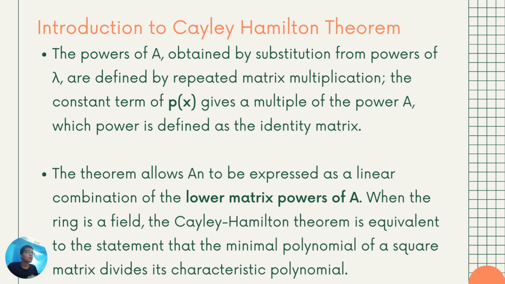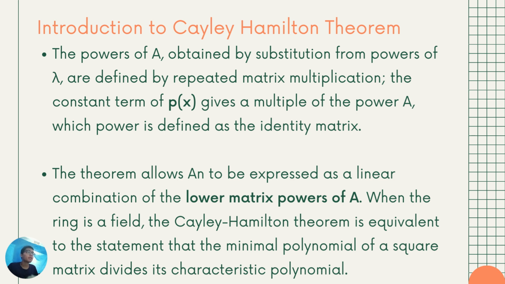The constant term of p(x) gives a multiple of the power A to the 0, which is defined as the identity matrix. The theorem allows A to the n to be expressed as a linear combination of lower matrix powers of A when the ring is a field.